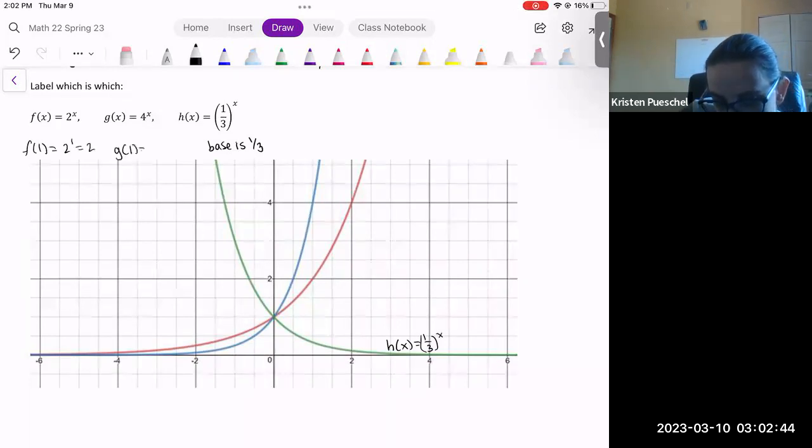G at 1 is 4 to the 1, which is 4. And so we see that at 1, we've got 2 and 4 as our outputs. And so f of x equals 2 to the x is the red curve. And g of x equals 4 to the x is our blue curve.